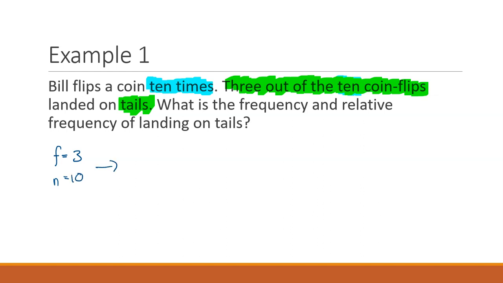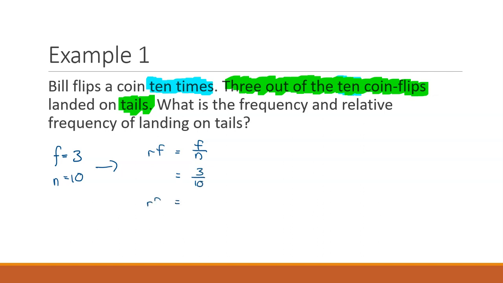And then calculating the relative frequency. So RF equals F over N. F equals 3, N equals 10.